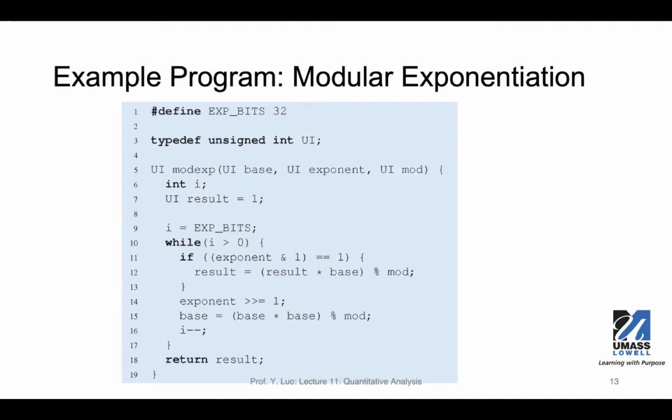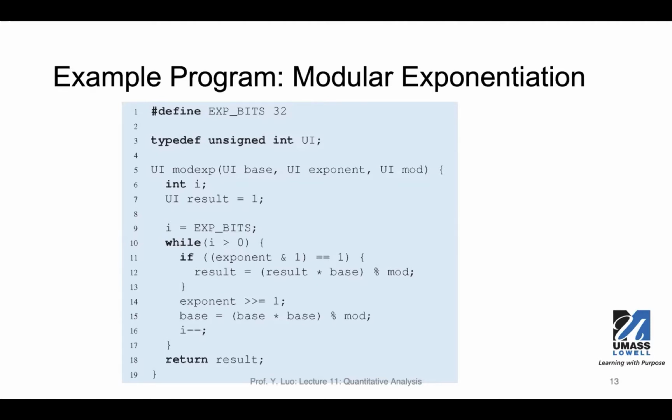Line 10 says that the number of iterations will depend on whether I is greater than 0 or not. And because I was initialized as 32, a constant number, we expect the loop iteration variable I to decrement.